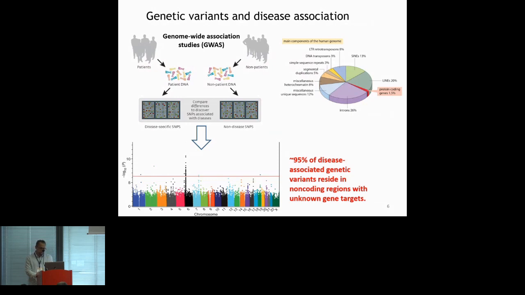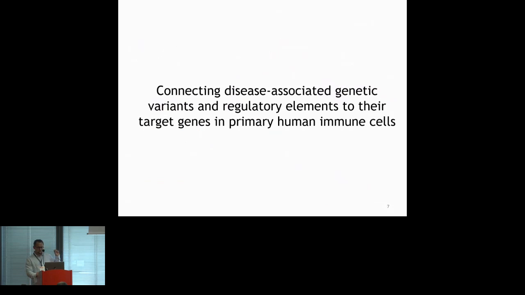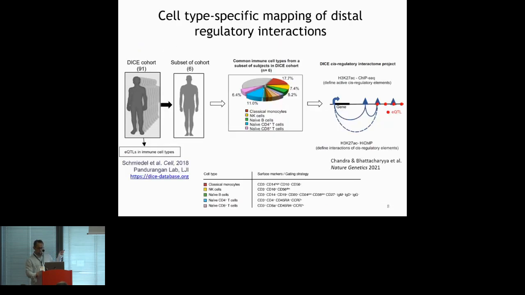So Hi-C and its variants have helped us create a bit of a resource where we were able to map chromatin interactions in primary human immune cell types.